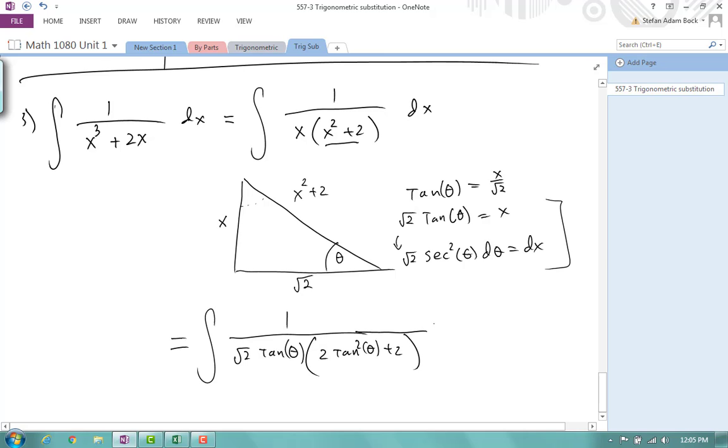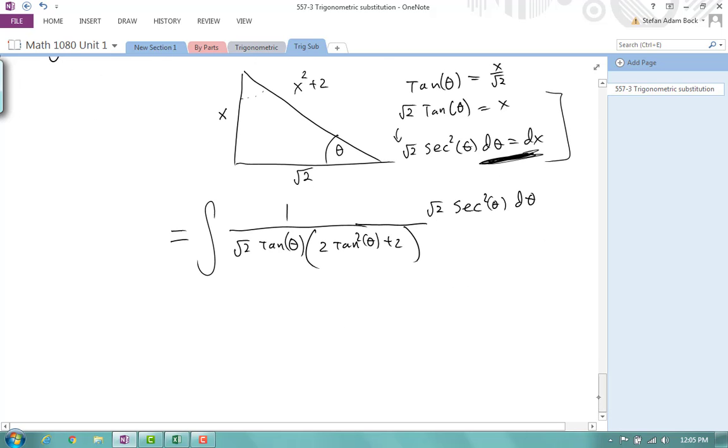And my dx is the square root of 2 times secant squared of theta d theta. Never forget to find your dx in terms of d theta. It's a very important step, and it's something that I often forget to do.